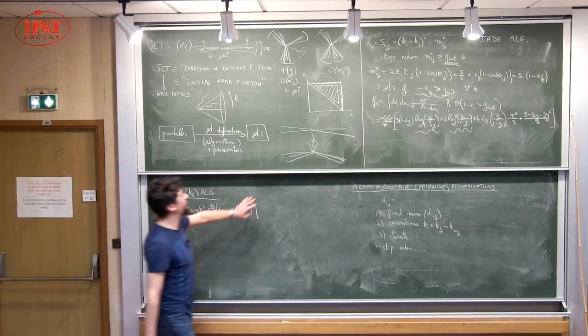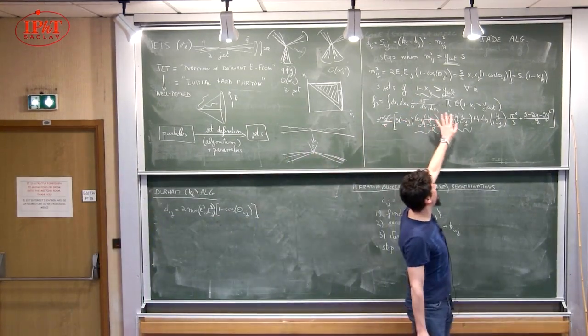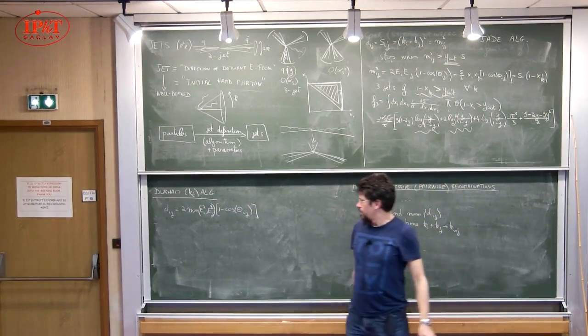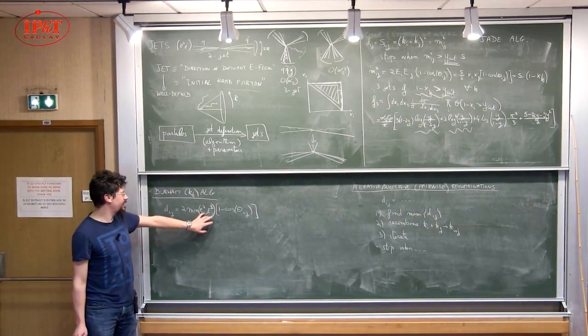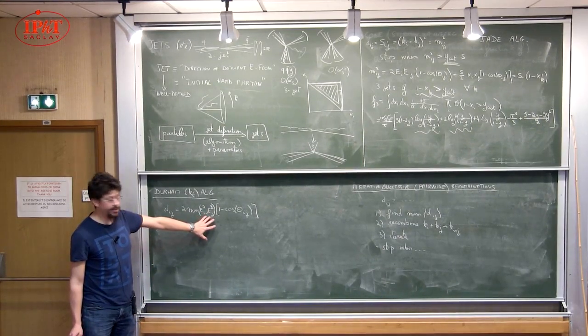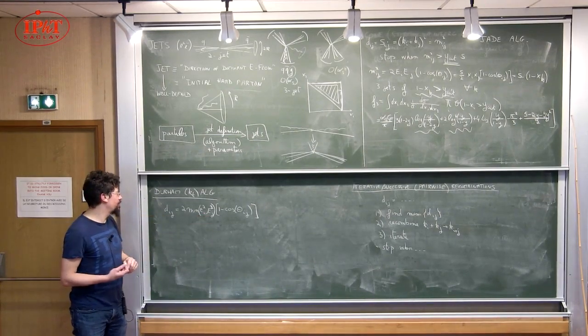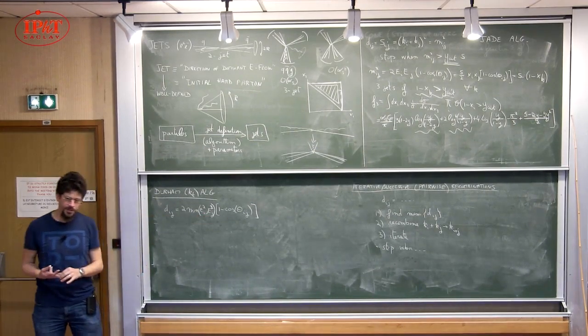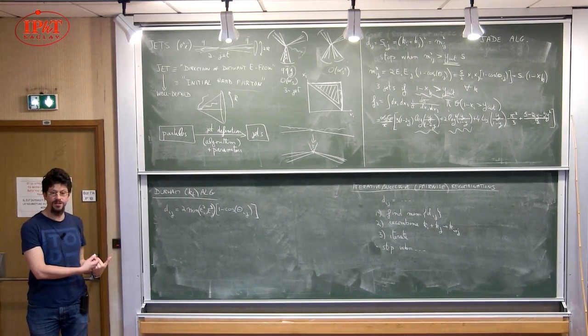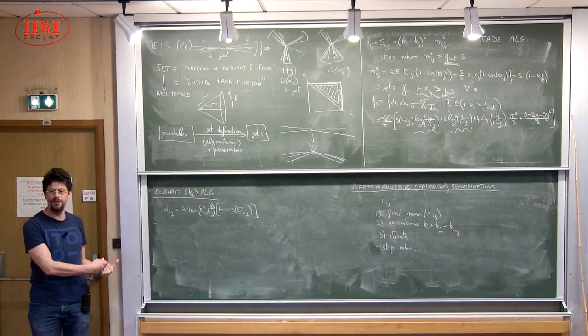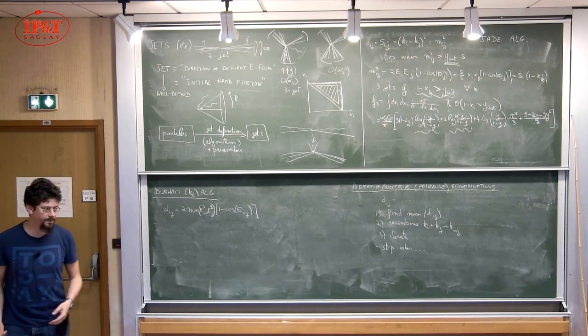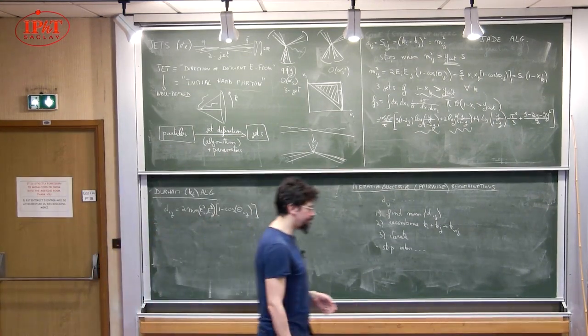So this for the Durham and for the Jade algorithm is exactly the same. Conversely, if you have a soft emission, so if one of the energies goes to 0, again, the minimum here is going to go to 0 as well. So this means that both soft and collinear emissions are going to have their distance going to 0, and so are going to be recombined early on in the clustering, and your algorithm is perfectly infrared and collinear safe.